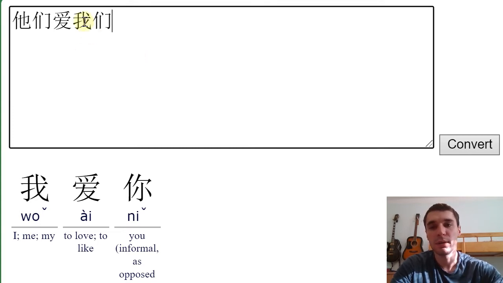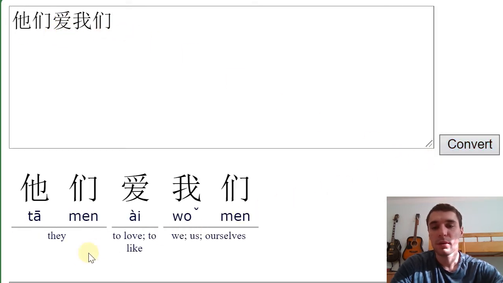So 我们 means we or us because there is no difference between objective and the ordinary pronoun. Okay, 他们爱我们, They love us.